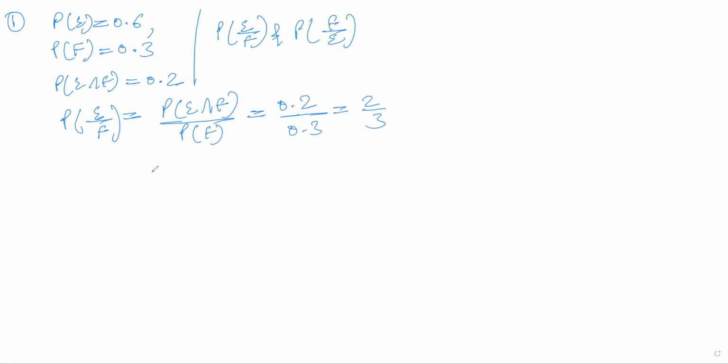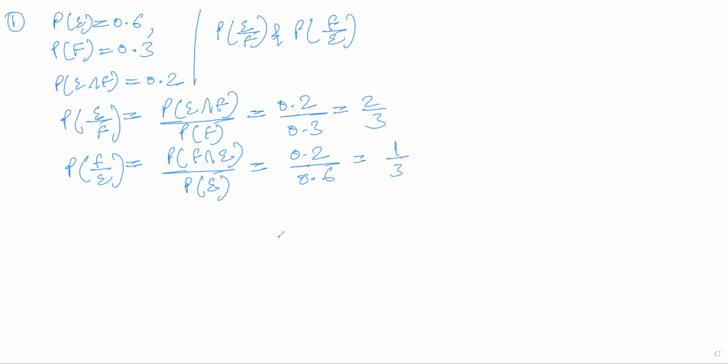So we got 2 by 3. Similarly, if you want to find out P(F given E), this will be P(F intersection E) divided by P(E). We got all the things. This is 2 by 6, which is 1 by 3.